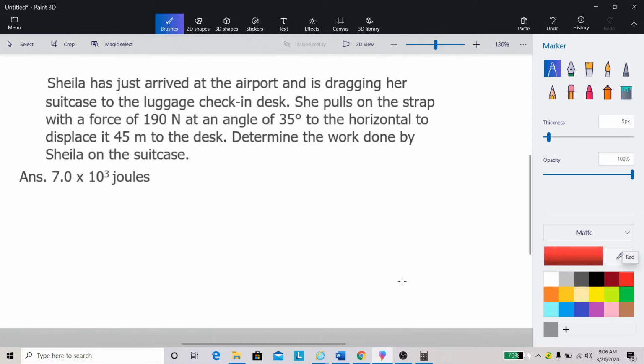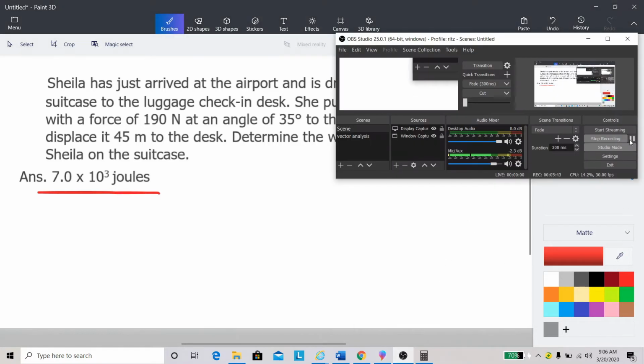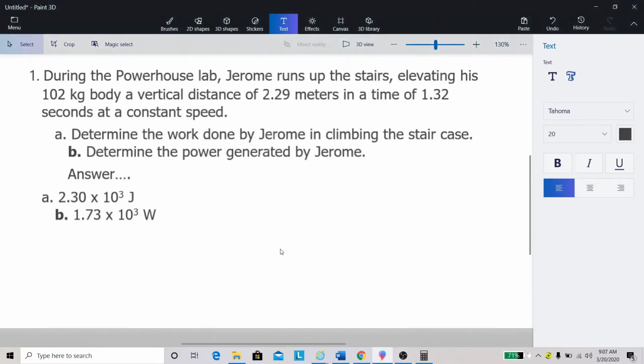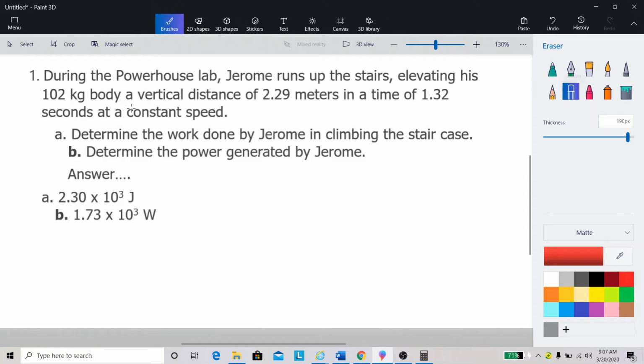You must be able to arrive at this answer. Okay. So we move on to the next. Oh, ito naman. Meron tayong ganito ring problem. So, problem number 14 yata ito or 15.